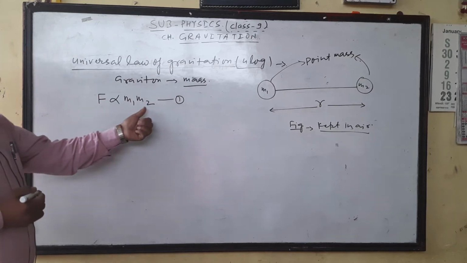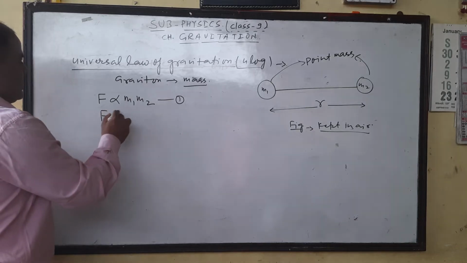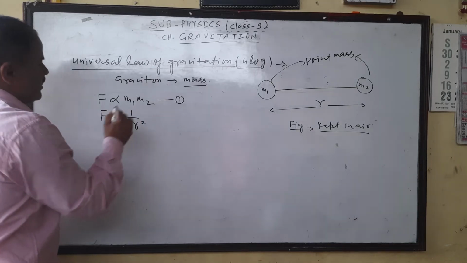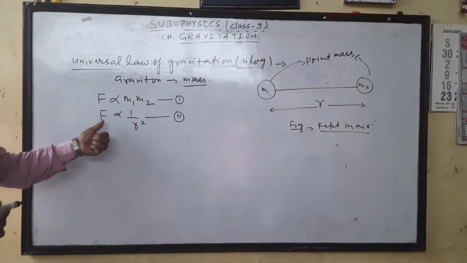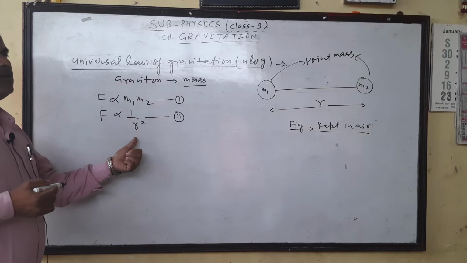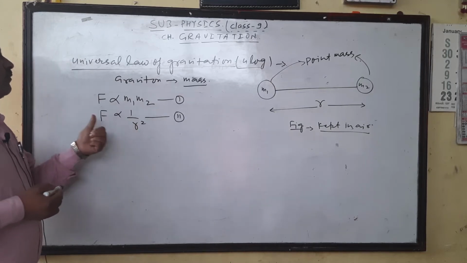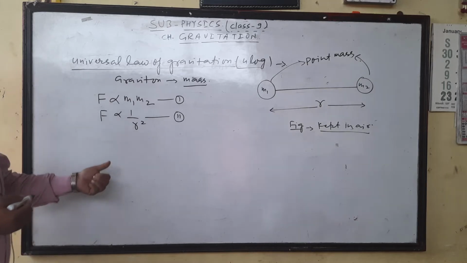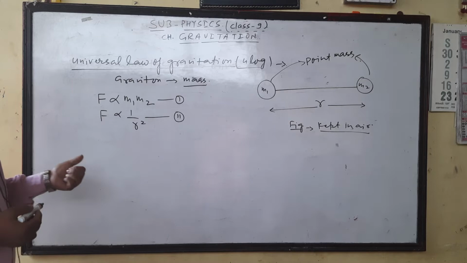If masses are more, force will be more. And force of attraction is inversely proportional to the square of the distance between the two masses, meaning if r is less, force will be more.